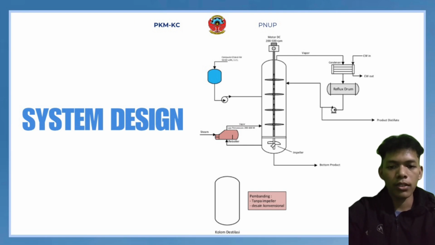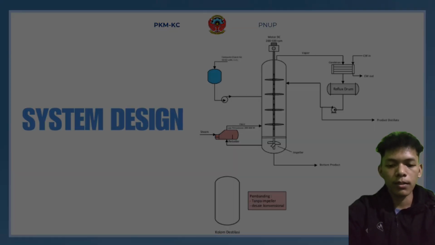A portion is streamed back to the column as reflux to maintain separation balance, and another portion is taken out as distillate. At the same time, less volatile liquid accumulates at the bottom of the column and comes out as bottom product. For comparison purposes, a conventional column design without an impeller is also used.